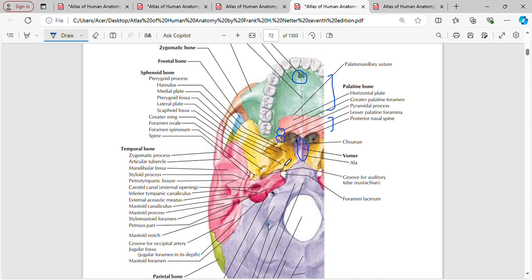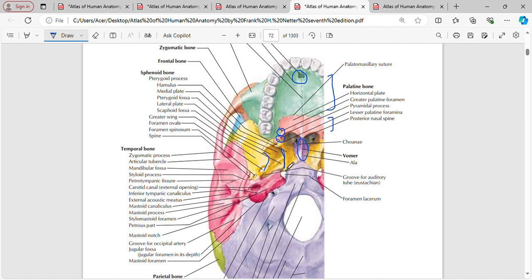After that, this yellow bone is the sphenoid bone, right? And the sphenoid bone contains many parts, with the greater wing of the sphenoid and the lesser wing. But here we're discussing the inferior view of the skull. In the inferior view of the skull, the sphenoid bone contains, this is the medial pterygoid plate, right? The pterygoid plate is divided into the medial pterygoid plate and a lateral pterygoid plate.